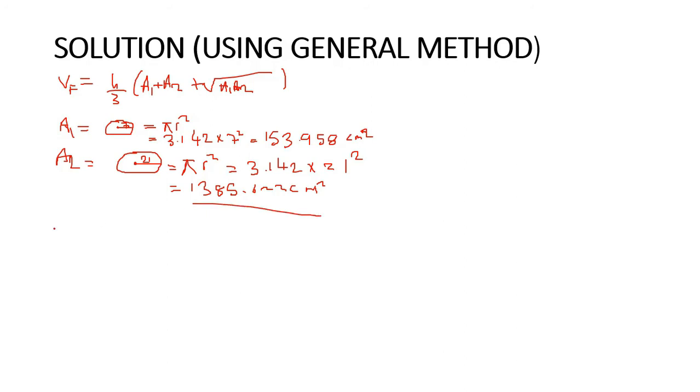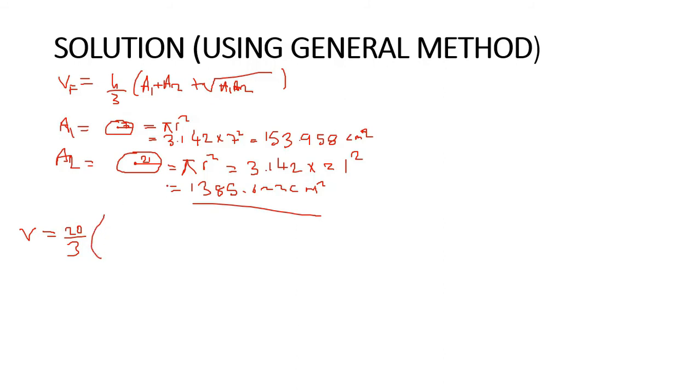Now you are ready to substitute into your formula, which says V is equal to, so our height there we've been given is 20, so 20 over 3. This is the h over 3. You open the brackets.